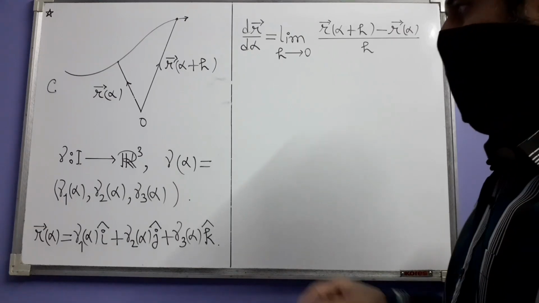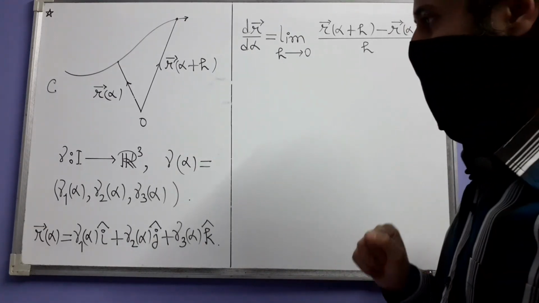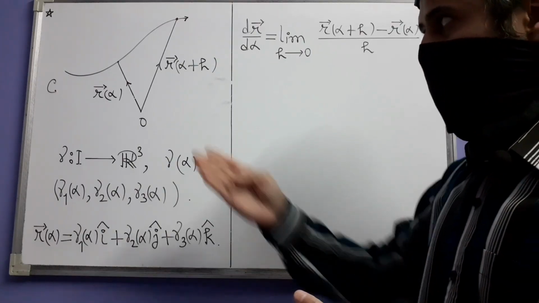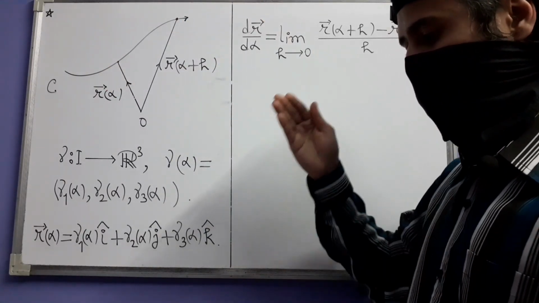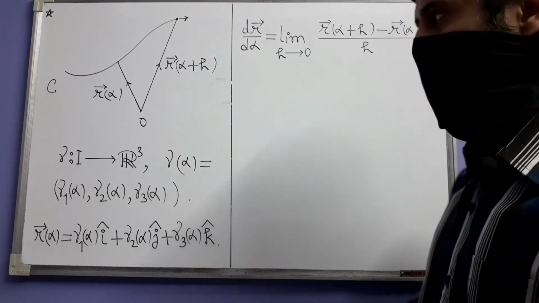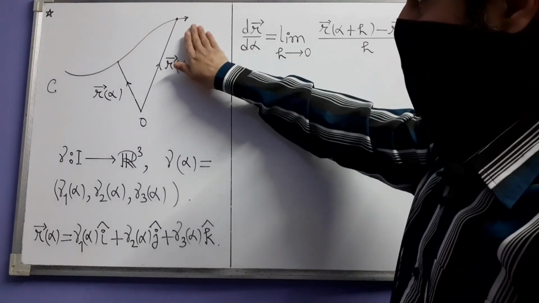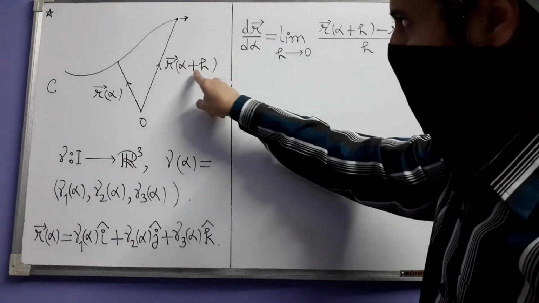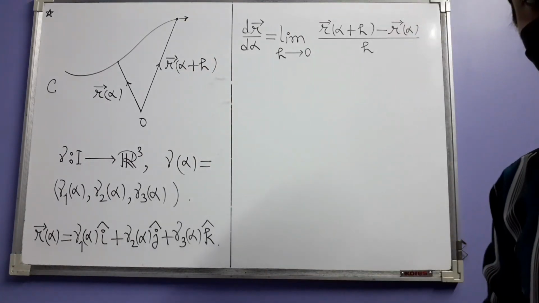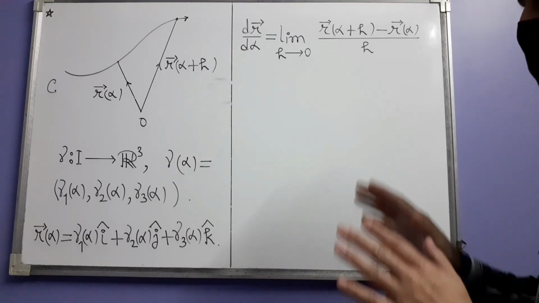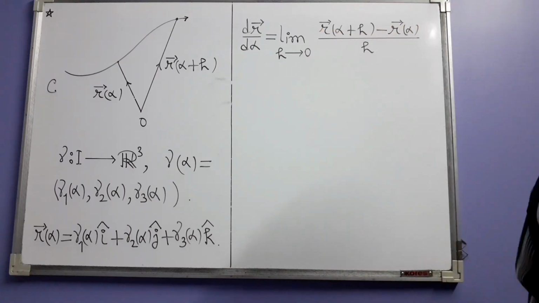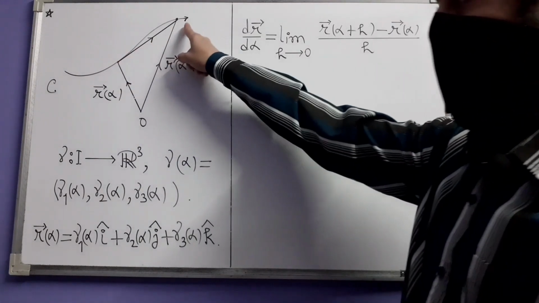Note one more thing, what did I say just now? That the curve is oriented in this way, which means that this is the direction in which things go as alpha increases. Now this point should correspond to a larger value of alpha then, which means that here h is positive. Okay. So with this understanding, let's now draw the vector this minus this. First, only that vector. It is this vector, right?